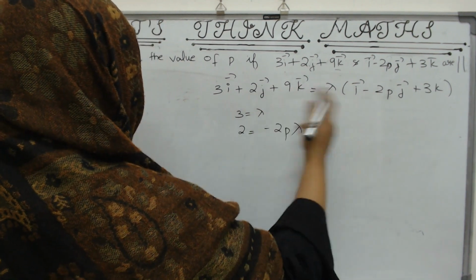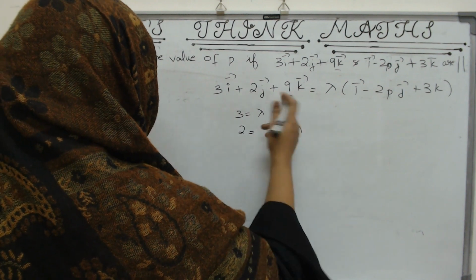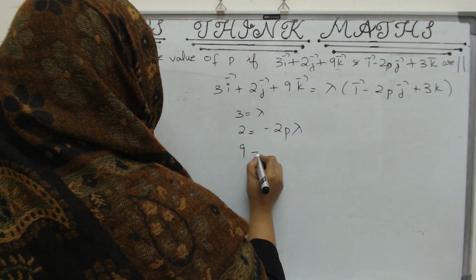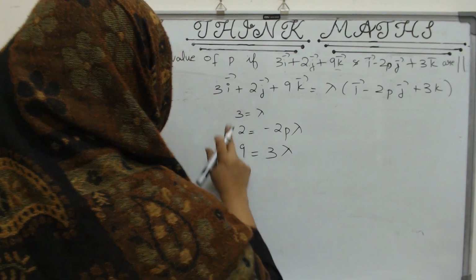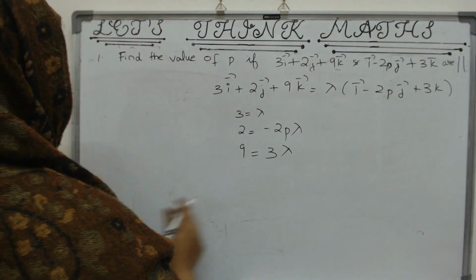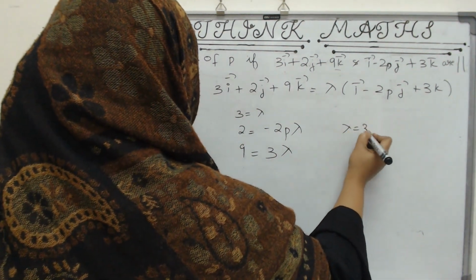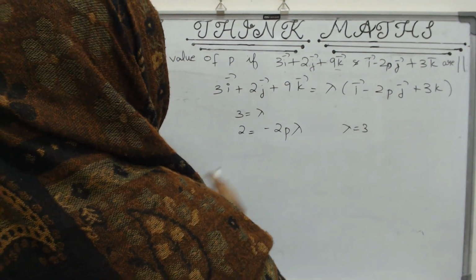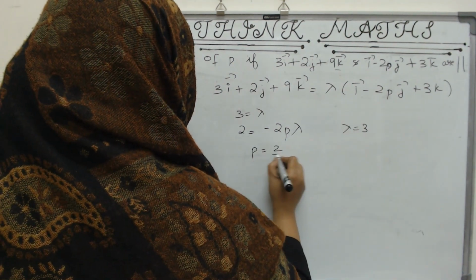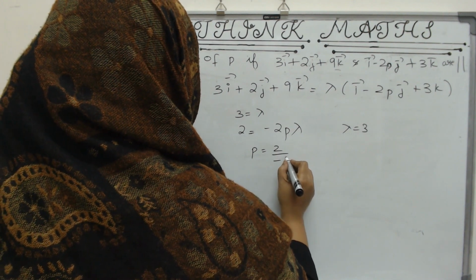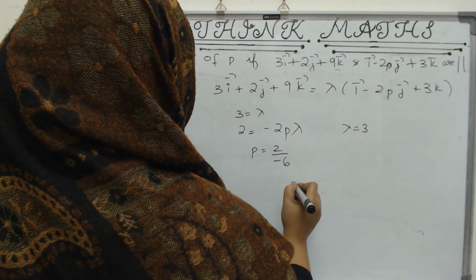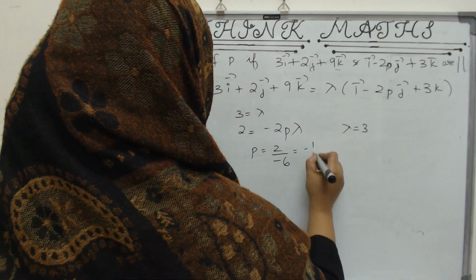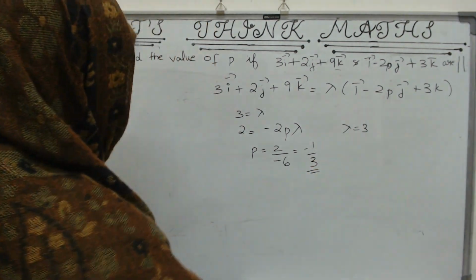Equating the coefficients of k, you get 9 is equal to 3 lambda. From both of these, you know for sure that lambda is equal to 3. When you substitute it here, you get p is equal to 2 by minus 6, which means minus 1 by 3 is your answer.